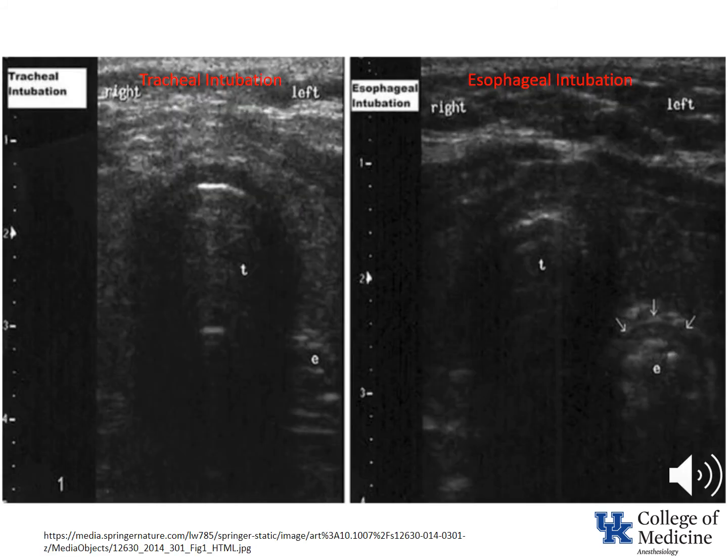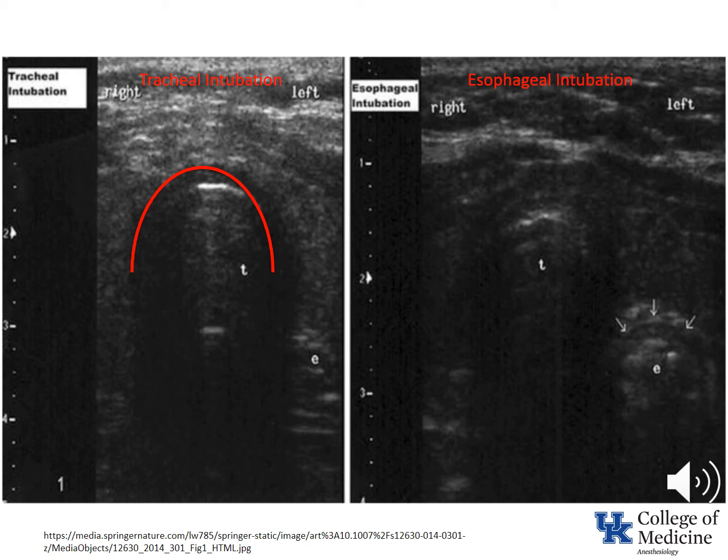Finally, here's a side-by-side comparison of images from a tracheal intubation and an esophageal intubation. The key points for differentiation of a tracheal tube placement are as follows. The tracheal intubation shows a single air mucosal interface representing the trachea, as shown by the red arrow. Second, there are two hyperechoic reverberation artifacts in the trachea, representing the tracheal tube.